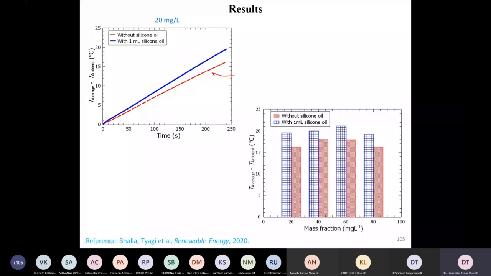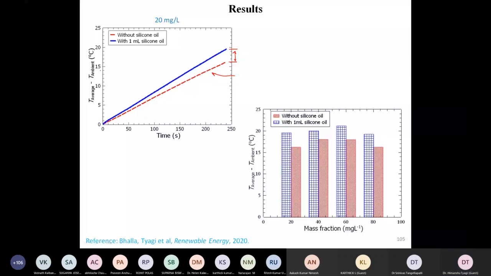The increase is of the order of a few degrees centigrade. The temperature rise is low because our light source is also very modest. So our hypothesis is that if it is done under very high irradiation, then perhaps this delta T, which is correlated to efficiency also, will show much more improvement.